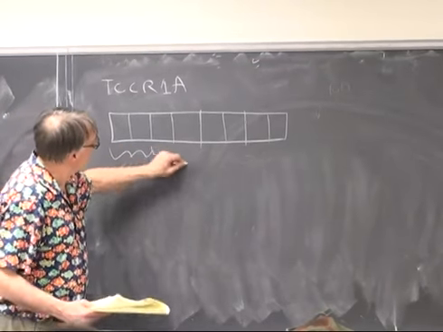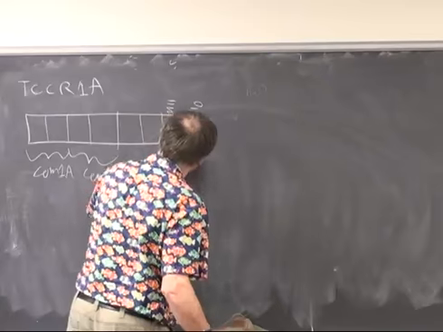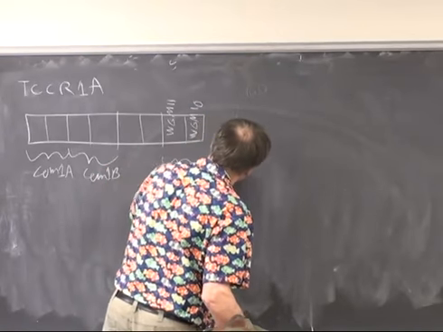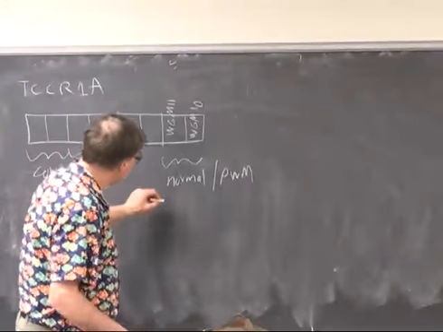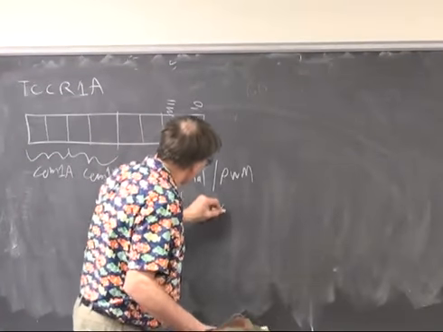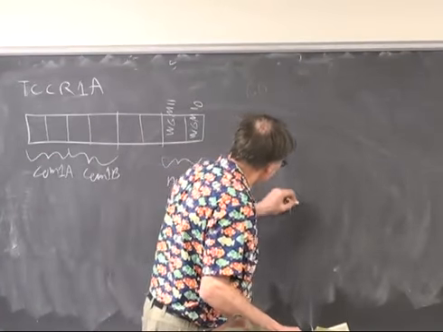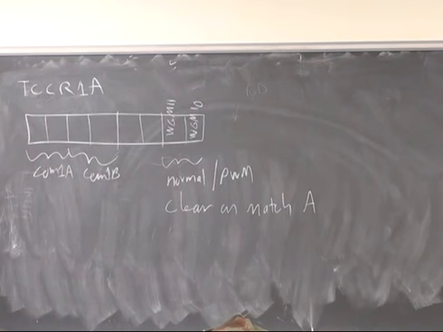This is the waveform generation mode. It controls normal versus pulse width modulator mode and clear on match on channel A, on match A. I haven't talked about pulse width modulator mode yet on any of the timers, but it allows you to produce an analog output. We'll talk more about that for Lab 3.